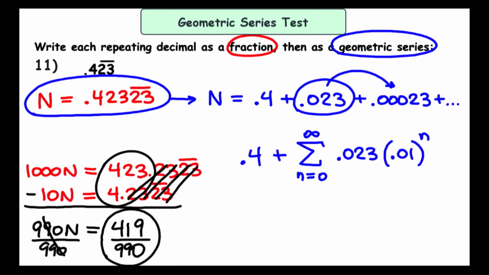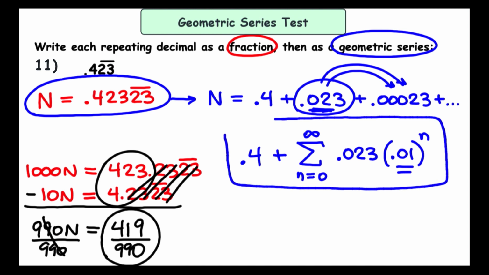So again, when you put the 0 in, you're just going to get 0.023 times 1, which is what you want it to start with. And then this will cause it to multiply by 0.01 every time, making a couple extra zeros in the decimal. The 0.4 out front just simply gets added at the end, giving you what you need. So there is the geometric series.